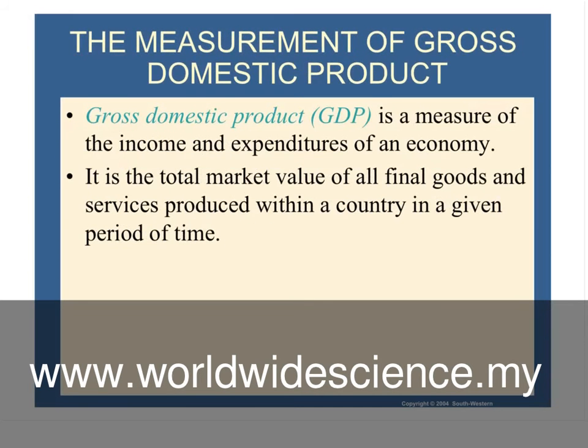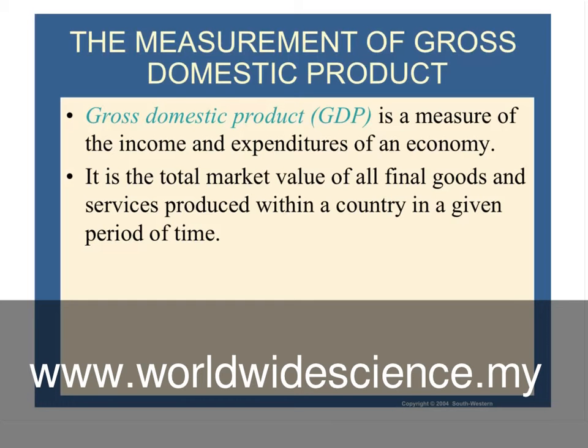And so in this case, we have something called gross domestic product, or GDP, which you have probably heard a lot in different economic discussions. It is actually a measure of the income and expenditures of an economy. It is the total market value of all final goods and services produced within a country in a given period of time.